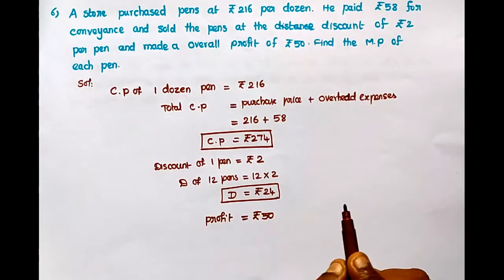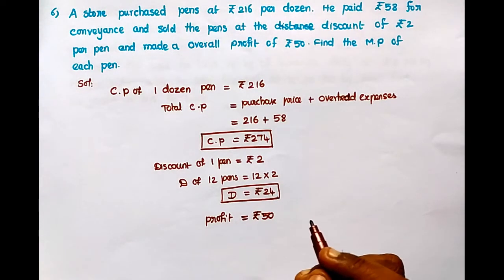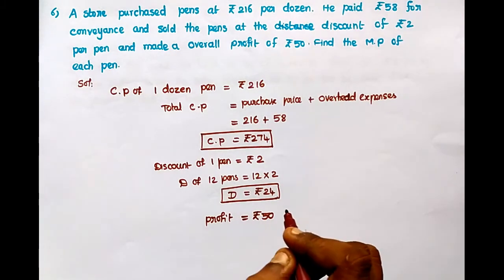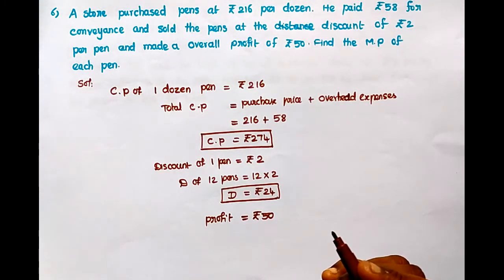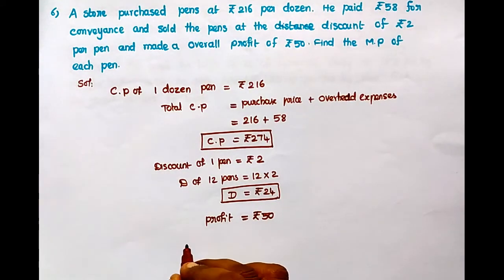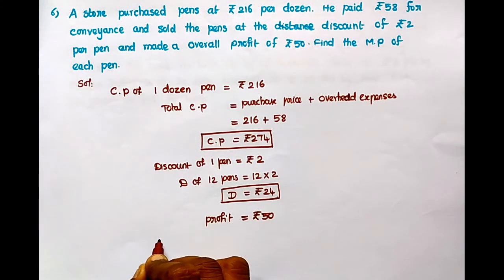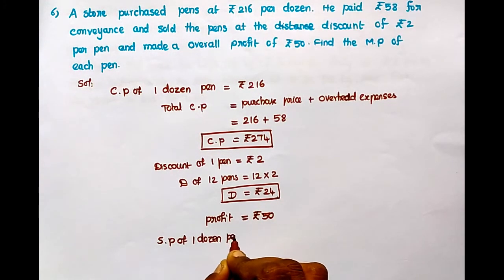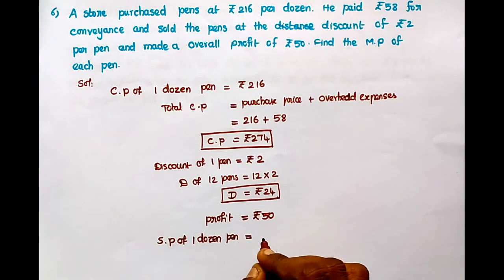Before that, what we have to do? Selling price. First we want to find out selling price, and then only we can find out the mark price. No? Selling price of 1 dozen pens equal to cost price plus profit.